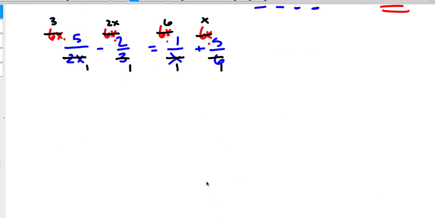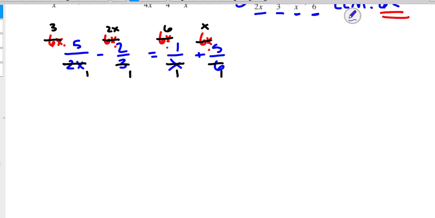So I've got the first term, we have 3 times 5, which is 15, minus 2x times 2, which is 4x, equal 6 times 1, which is 6, plus x times 5, which is 5x.